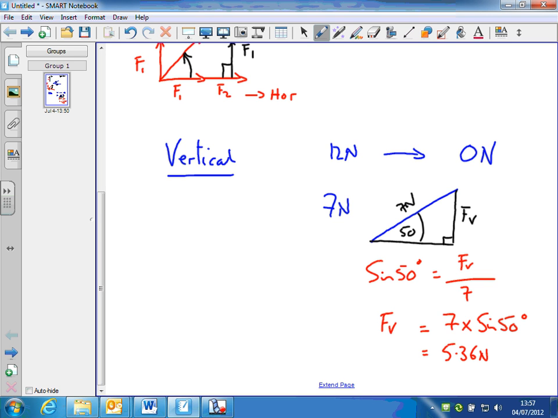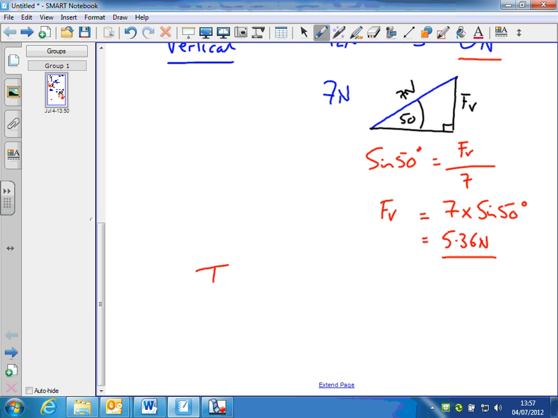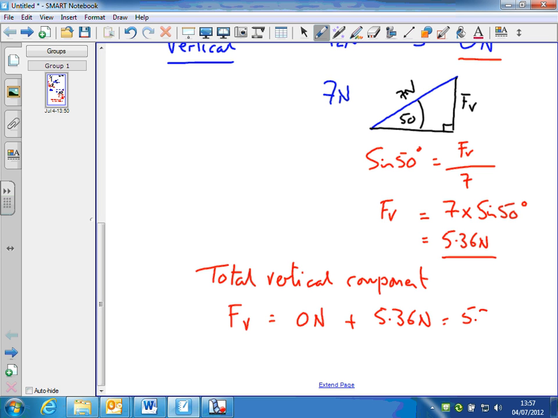So the vertical component is 0 newtons, which is the vertical component of the 12 Newton force, plus 5.36 newtons, which is the vertical component of the 7 Newton force. So therefore the total vertical component FV equals 0 newtons plus 5.36 newtons, 5.36 newtons.